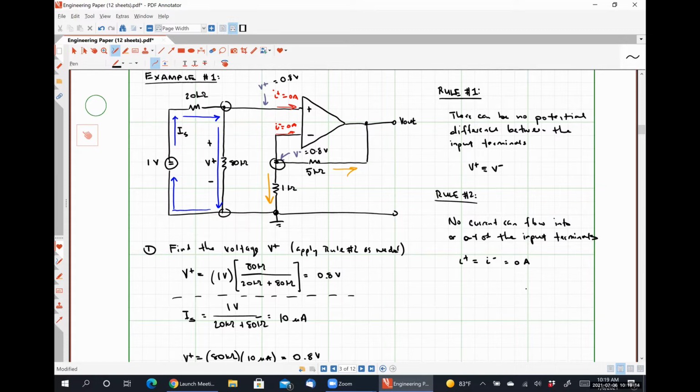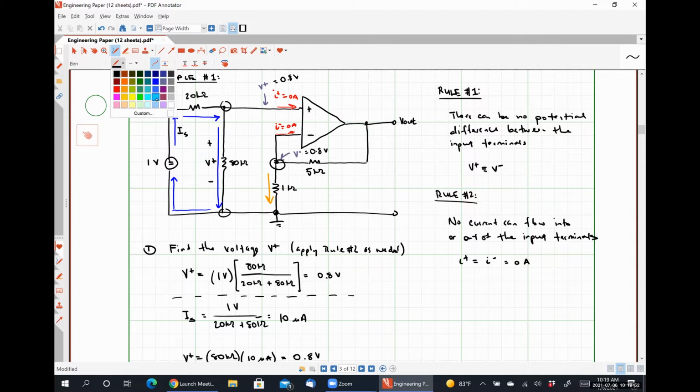I am working it as a nodal analysis problem, so I'm saying all of the currents are leaving that node, but I could have set it up so that the currents flowing in equal the currents flowing out, or all of the currents flowing in sum to 0. Whatever convention I choose is perfectly fine, and whatever direction I choose for those currents, I will still get the same answer if I apply KCL correctly. So just as a quick proof, let's change the direction on that one.